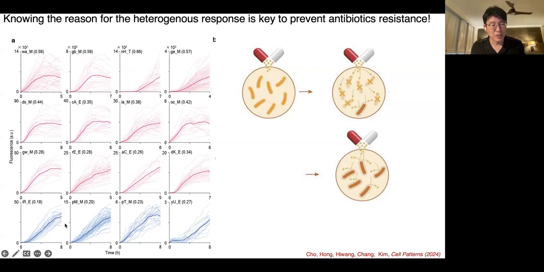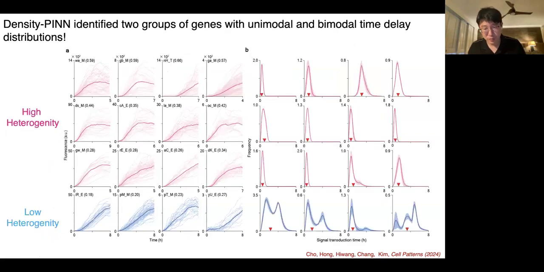But the blue one, you can see, is quite homogeneous. And we applied the density pin to each time series data to estimate the underlying time delay distribution. And we got a very surprising result. And the right side is the inferred time delay distribution from the observed time series data using the density pin.